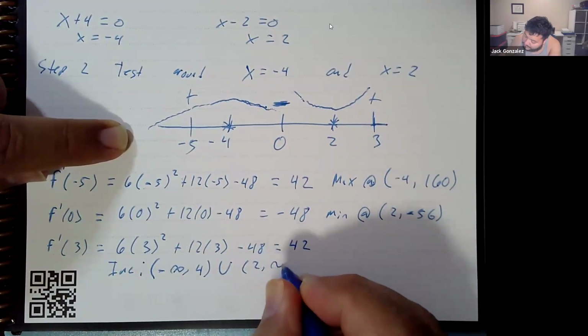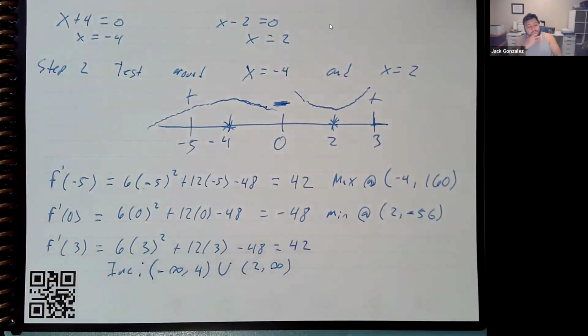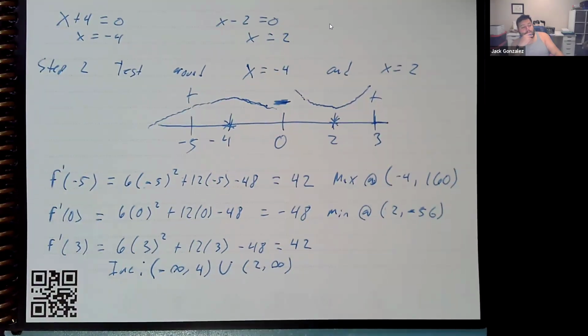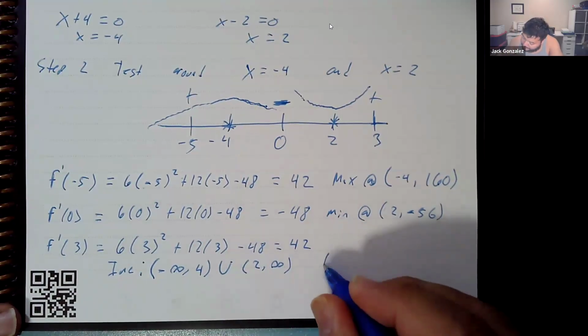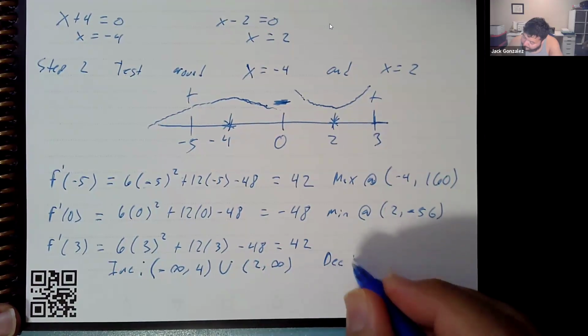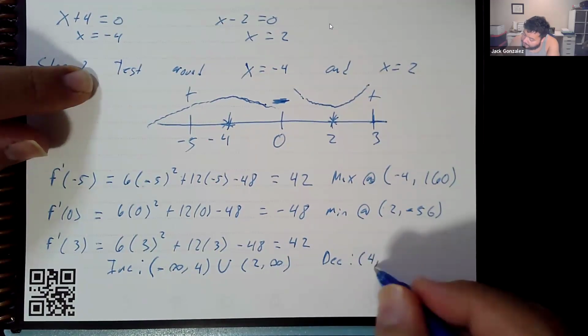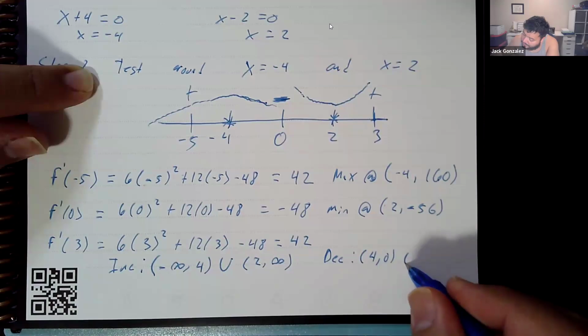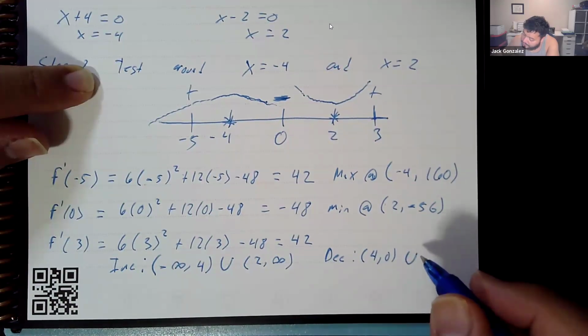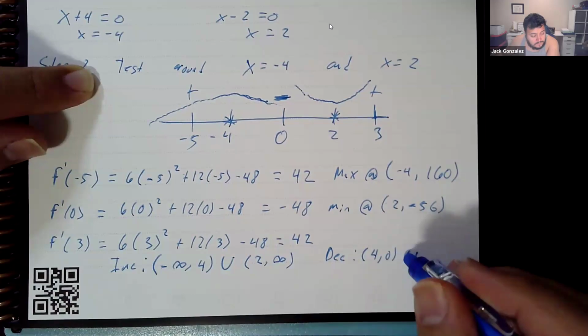Do you see how we made this interval? Does it make sense? We're decreasing after -4 until 2. That's it.